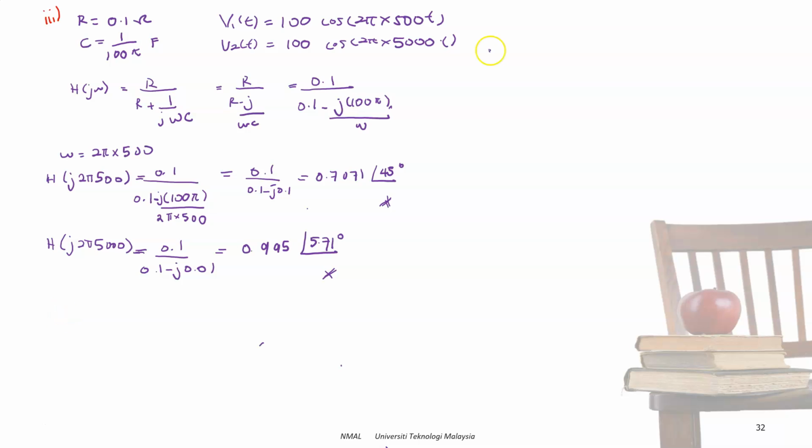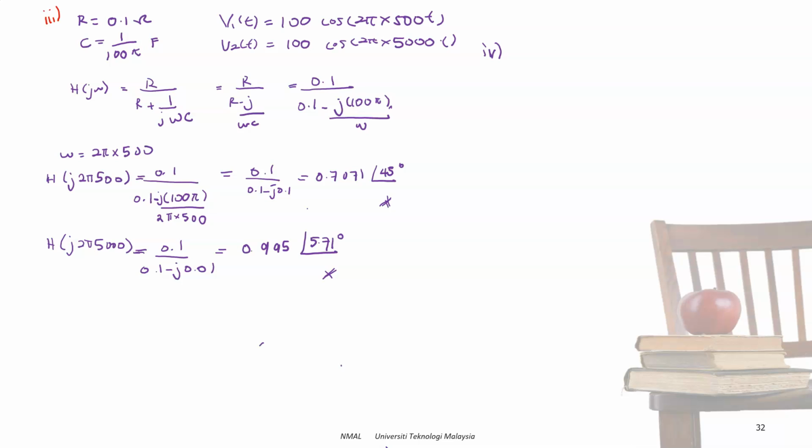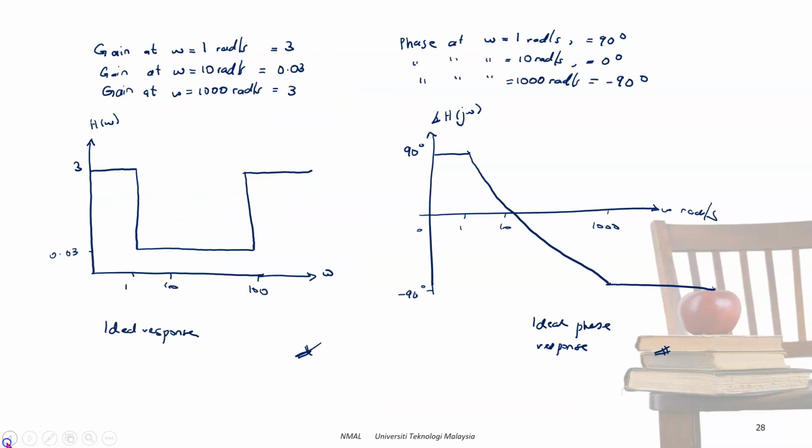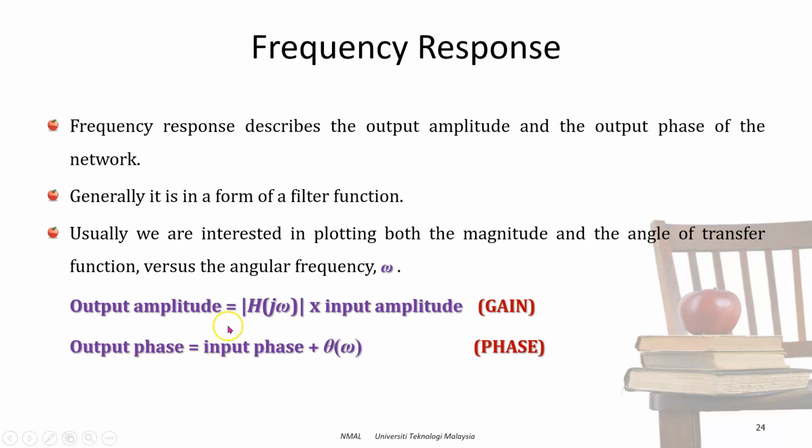So to find the answer for question number 4, which is the amplitude and phase for two output signals, we use this equation in which we already have H(j omega).